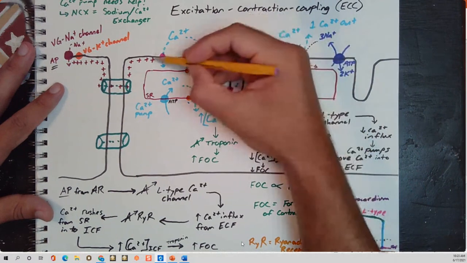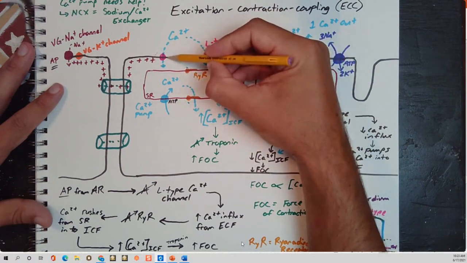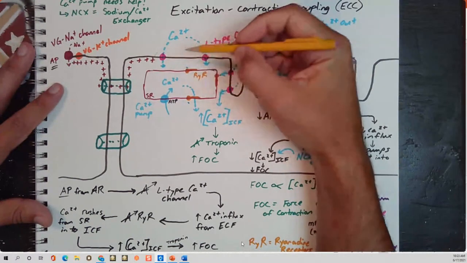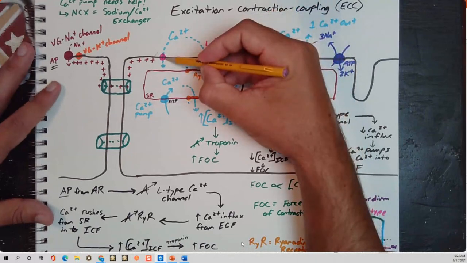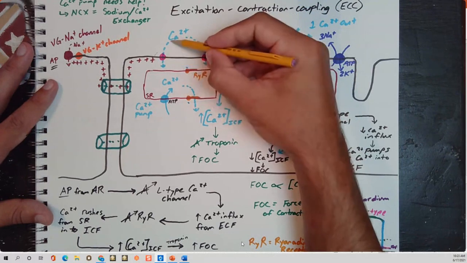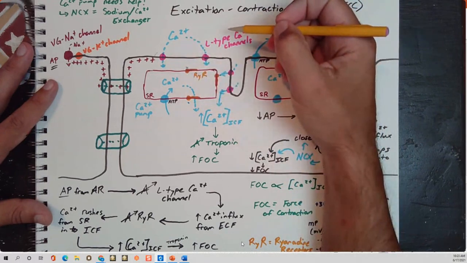But what if the action potential stops, but these L-type calcium channels stay open just a little bit longer? Then they close. But I'm talking a couple hundred milliseconds or something. But it's enough time in the human body for that to take effect. If I hold these L-type calcium channels open just a little bit longer, more calcium can enter the cell. Make sense?